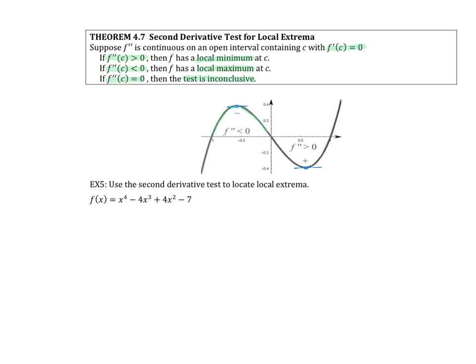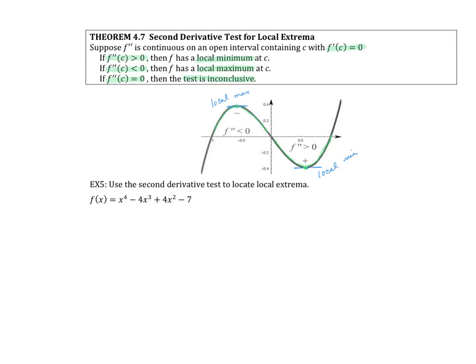So this becomes a local max. Now in the second part, concavity is up. So if the concavity is up, then the second derivative is positive. So second derivative positive, first derivative 0. This is going to be a local min. So we have a local max and a local min.